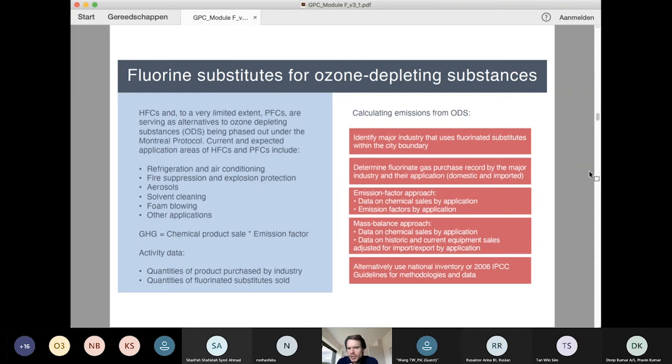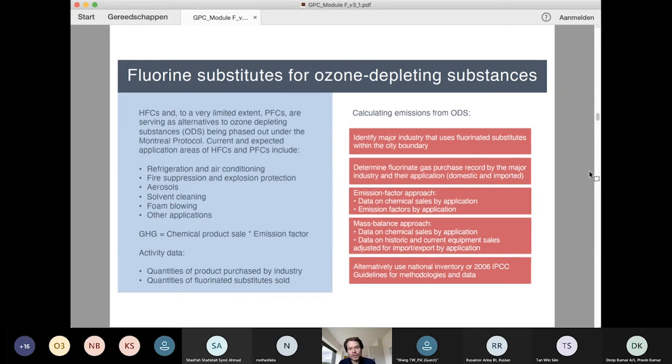This data is more difficult to capture, so you would tend to collect data based upon the volume of gases sold by the industry, because they sell these gases to retailers and businesses that produce these products. The best way is to contact industry and ask how much they are selling and buying, and then find out the emission factors as well.